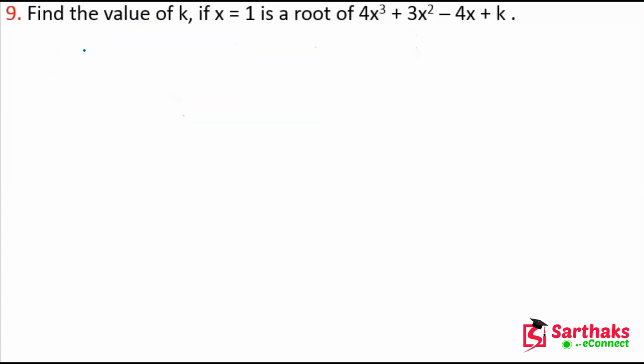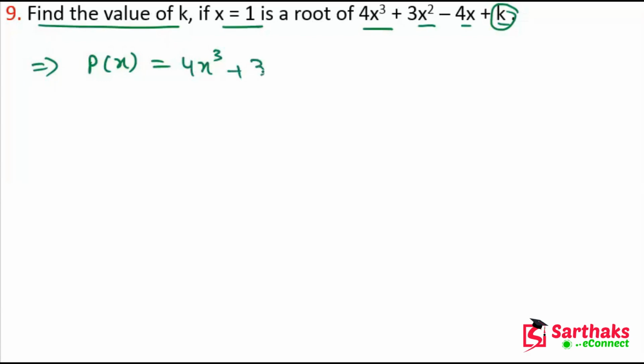Yes, so now, my dear friends, the next question is: find the value of k if x is equal to 1 is a root of 4x cube plus 3x square minus 4x plus k. Now we have to find the value of k. So first of all, we have p of x, the polynomial, 4x cube plus 3x square minus 4x plus k.